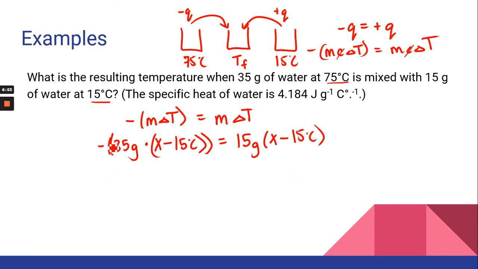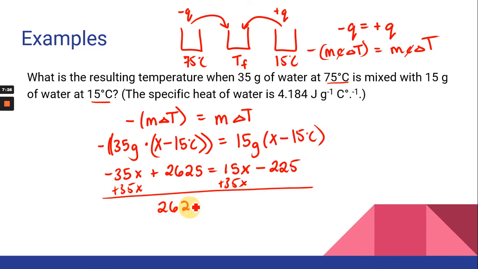So negative 35 times x is negative 35x. Negative 35 times a negative 15 would give us 2,625, 15x. And then 15 times 15 is 225. Then combine your like terms. We're going to add 35x to both sides.